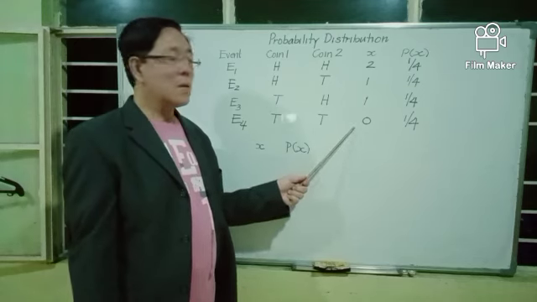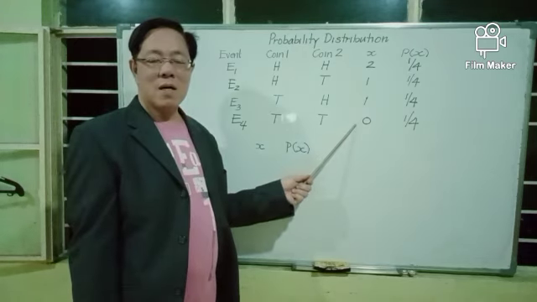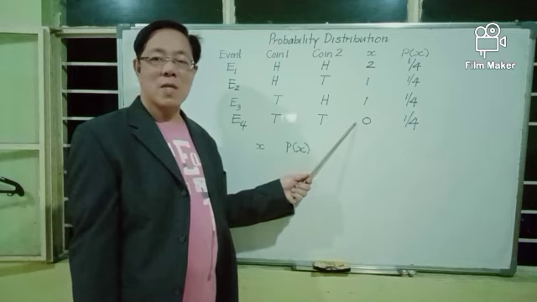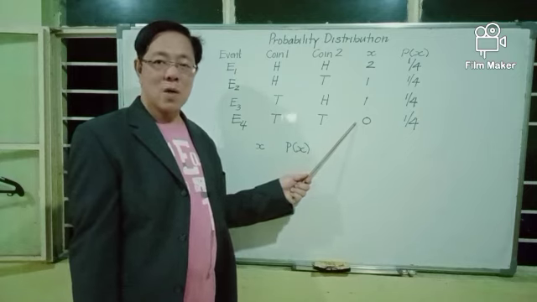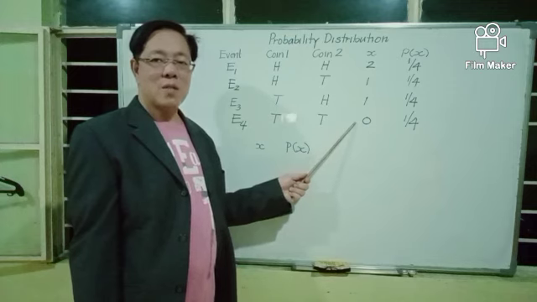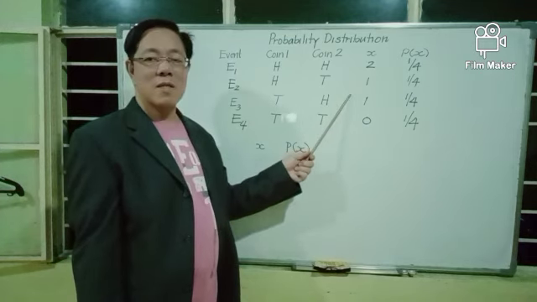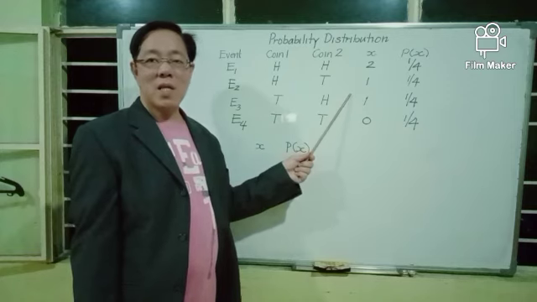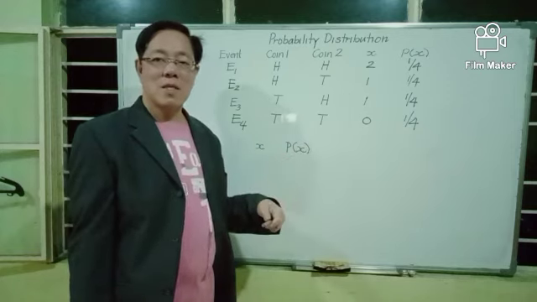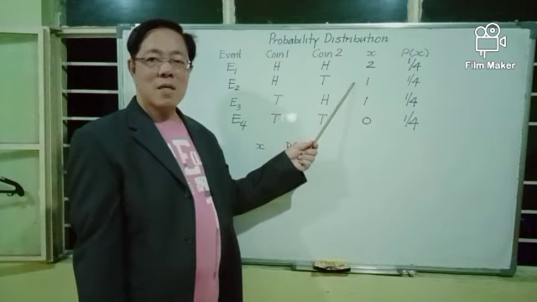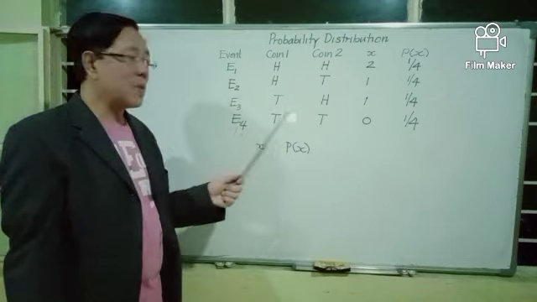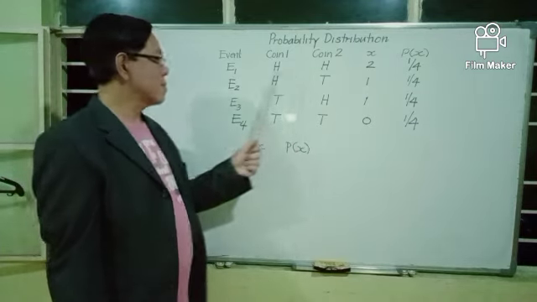X can be 0, which means you get no heads, or heads do not occur in both coins when you toss two balanced coins at the same time. Or x can take a value of 1, which means that you get one head when you toss two balanced coins at the same time. There are two possibilities where you can get one head.